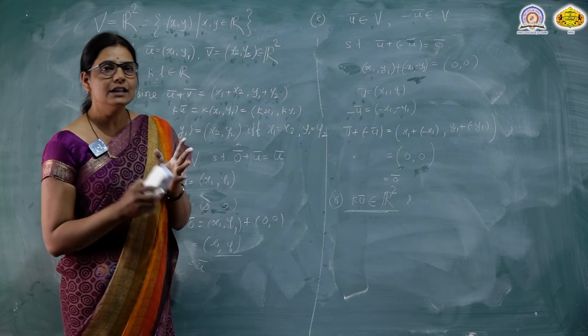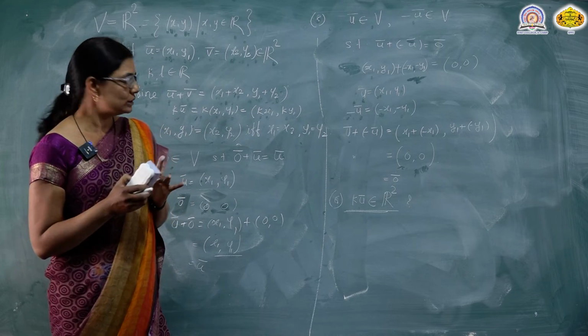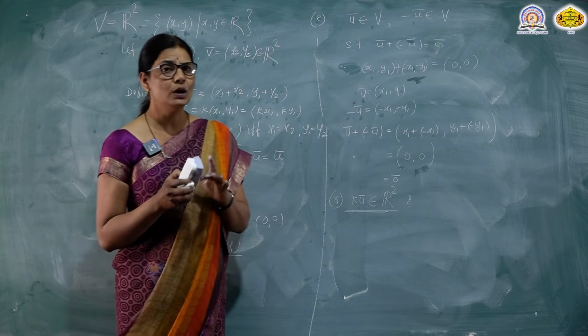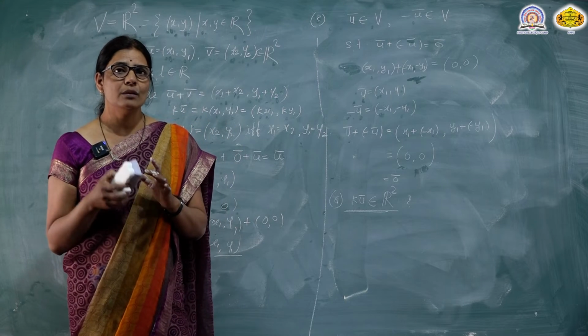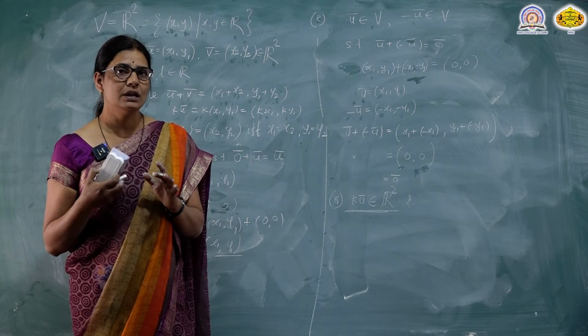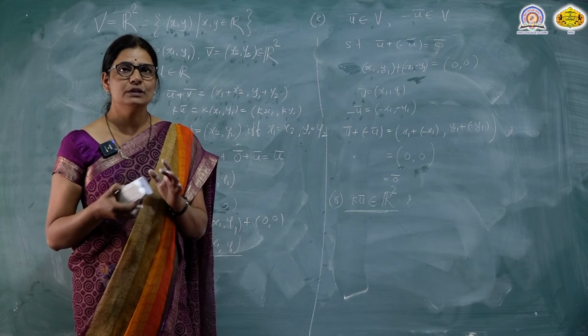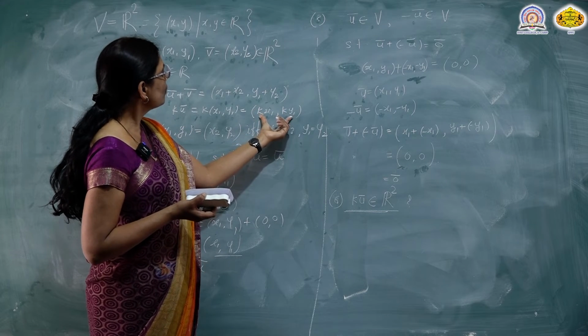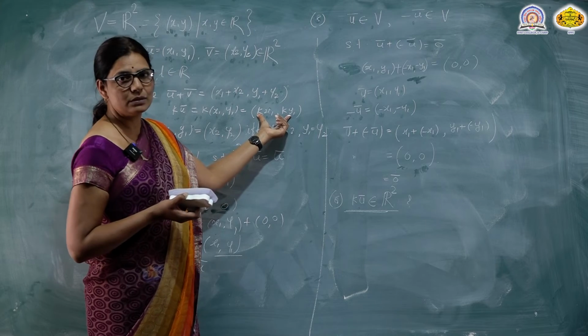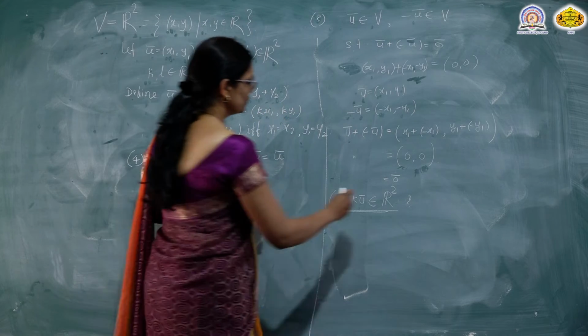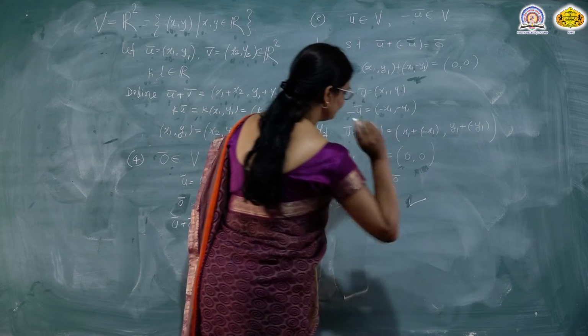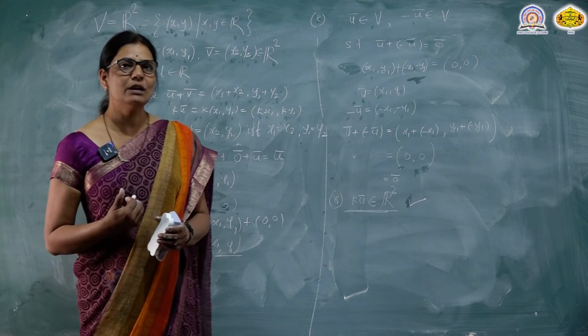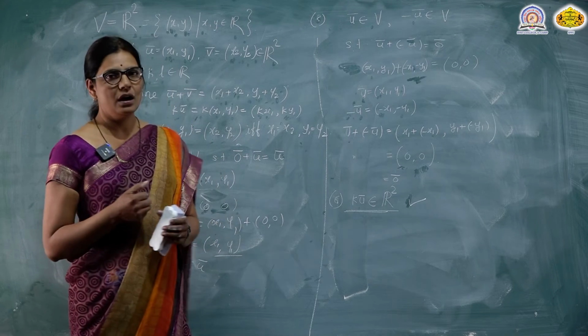So if k is a real number, and x1, y1 are also real numbers, we know that the addition of two real numbers, multiplication of two real numbers, even subtraction of two real numbers is again a real number. So these two are real numbers, and the ordered pair of two real numbers belongs to R2. So this is obviously true.